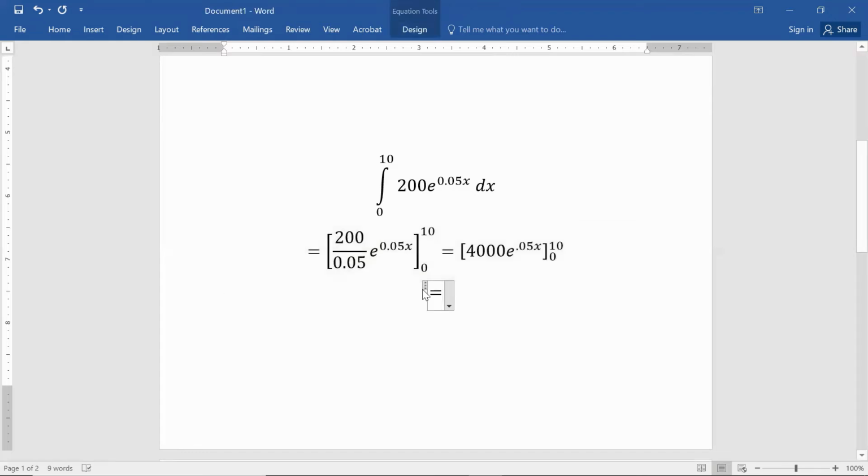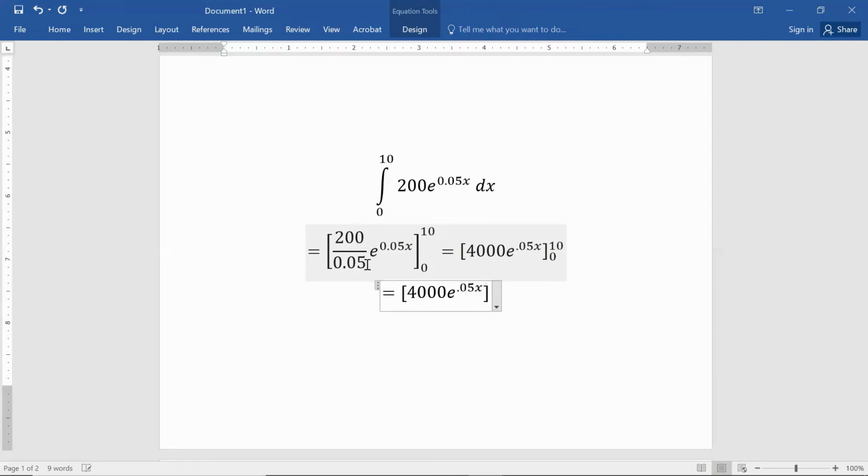Let's go ahead and plug in our numbers. I'm going to plug them into the 4,000 e to the 0.05x expression. I won't plug them into the 200 over 0.05. That's just more work than I need.